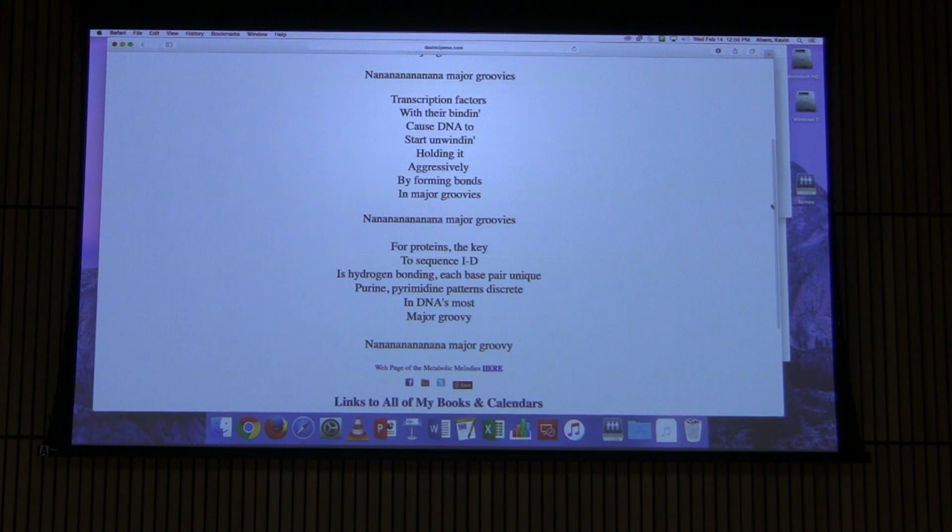Na na na na na na na, major groovies. For proteins, the key to sequence ID is hydrogen bonding, each base pair unique. Purine, pyrimidine, patterns discrete. And DNA's most major groovy. Na na na na na na na, major groovy.